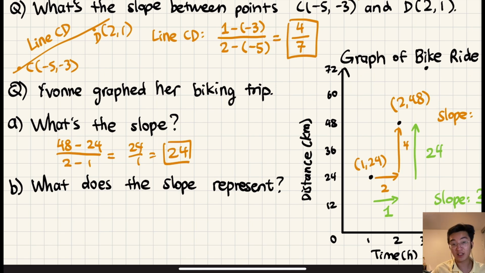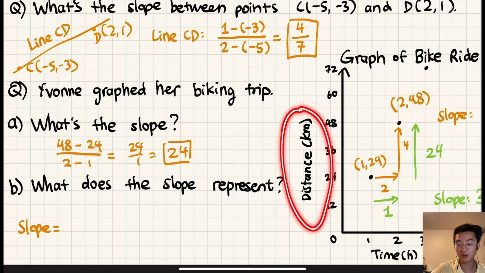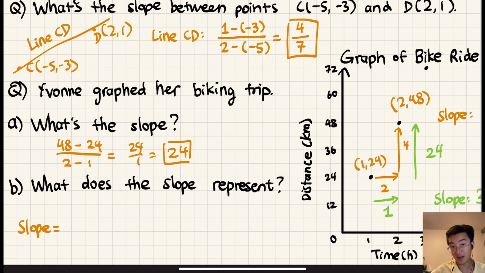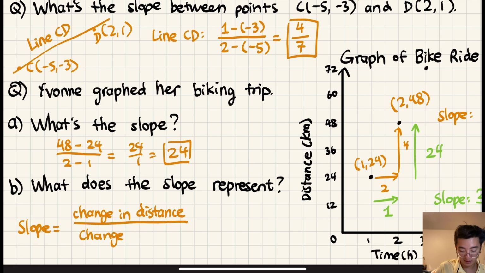Once again, slope is the change in y over the change in x, which means that in the context of this question here, the change in y is a change in distance, and the change in x is a change in time. So that's change in distance over change in time. You will notice that the measurement here is in kilometers and hours.